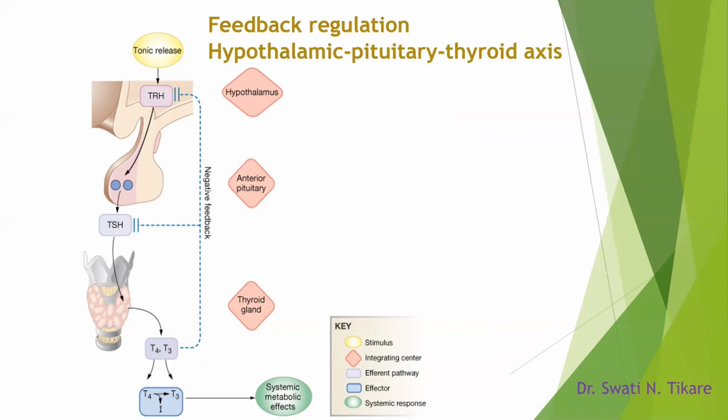You all know all this. In addition to this, we have some other factors which act directly on the hypothalamus. Whenever there is warmth, that means heat, the temperature is more, or there is stress or anxiety, all this will inhibit the release of TRH by the hypothalamus. Whereas cold temperature will stimulate the hypothalamus to release TRH.